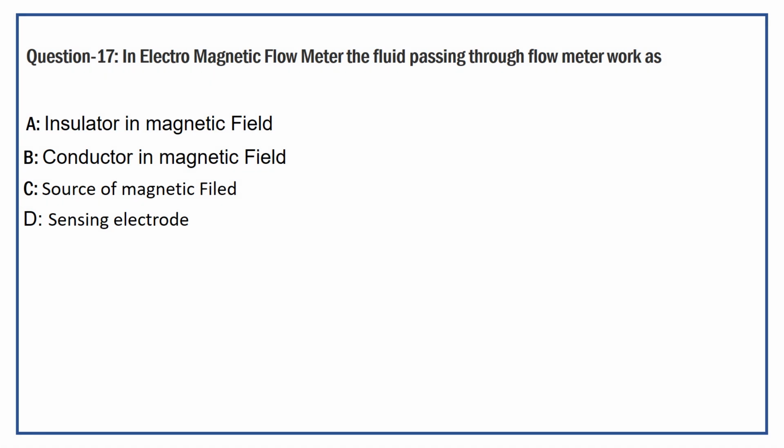Question is, in electromagnetic flow meter, the fluid passing through flow meter works as. Let's see the options. Option A, insulator in magnetic field. Option B, conductor in magnetic field. Option C, source of magnetic field. Or option D, sensing electrode.